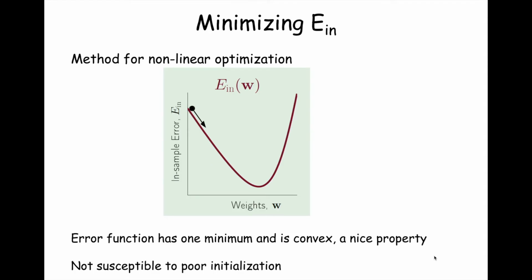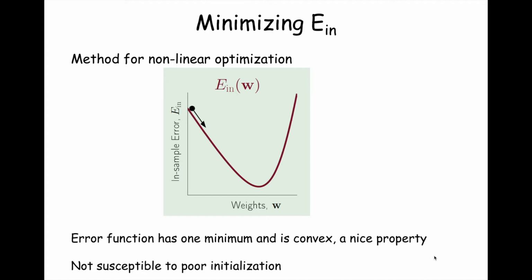Okay? And because it is convex, it has a minimum, and moreover, it's not susceptible to the initialization problem that you find with some types of error functions. And so this convexity gives you the ability to basically disregard where you initialize it, which wasn't the case with the PLA update for the original perceptron.